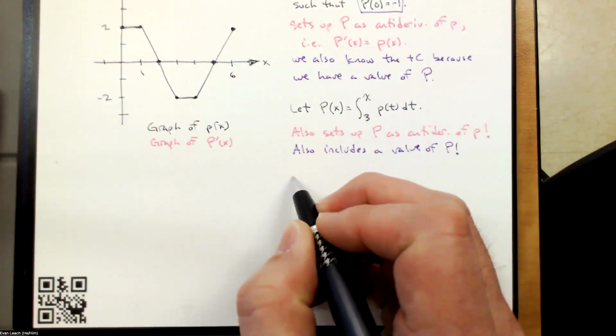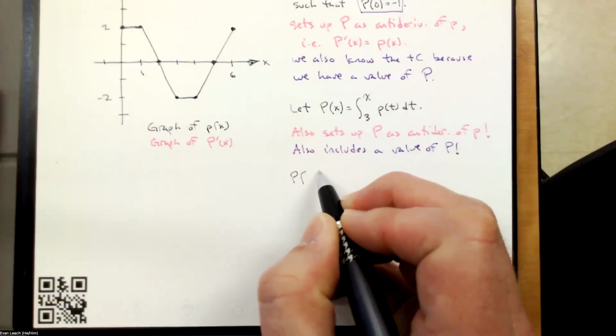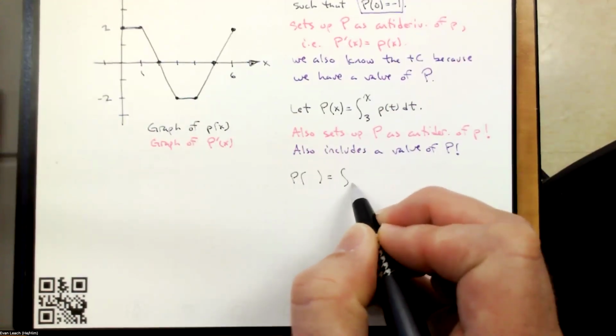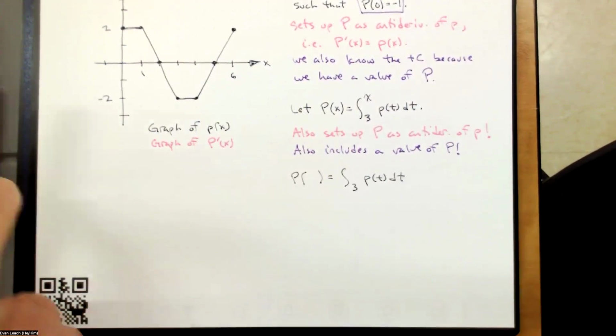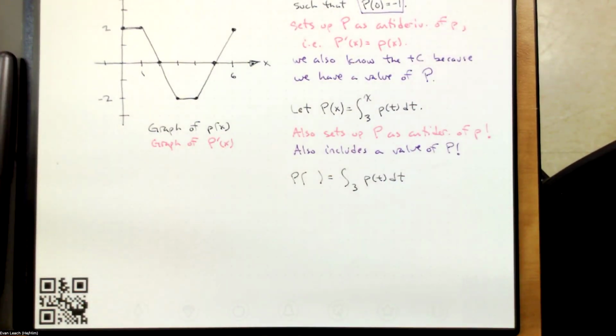Because this second fundamental theorem of calculus business is new, this is how we evaluate the function. Capital P of something is the definite integral from 3 to that thing of little p of t dt.